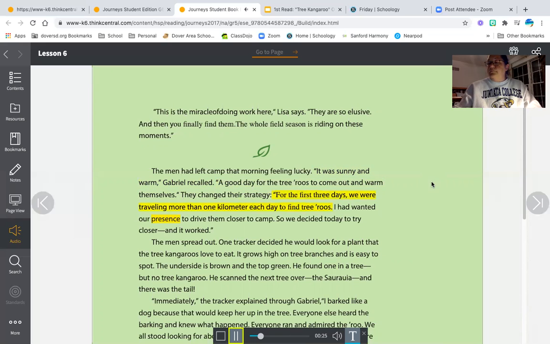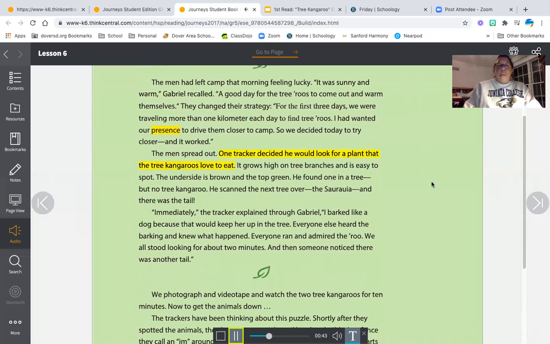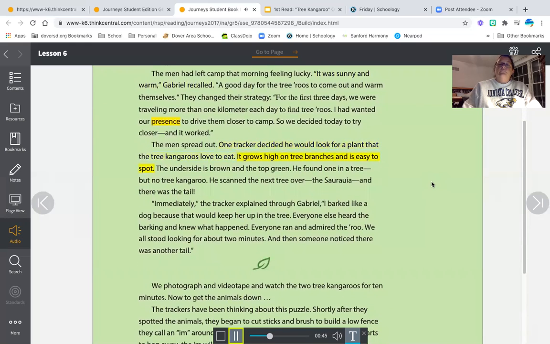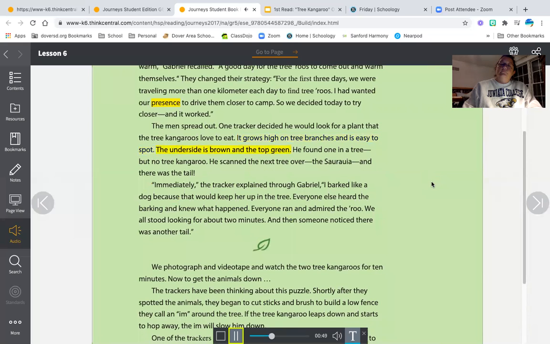For the first three days, we were traveling more than one kilometer each day to find tree roos. I had wanted our presence to drive them closer to camp, so we decided today to try closer, and it worked. The men spread out. One tracker decided he would look for a plant that the tree kangaroos love to eat. It grows high on tree branches and is easy to spot. The underside is brown and the top green.